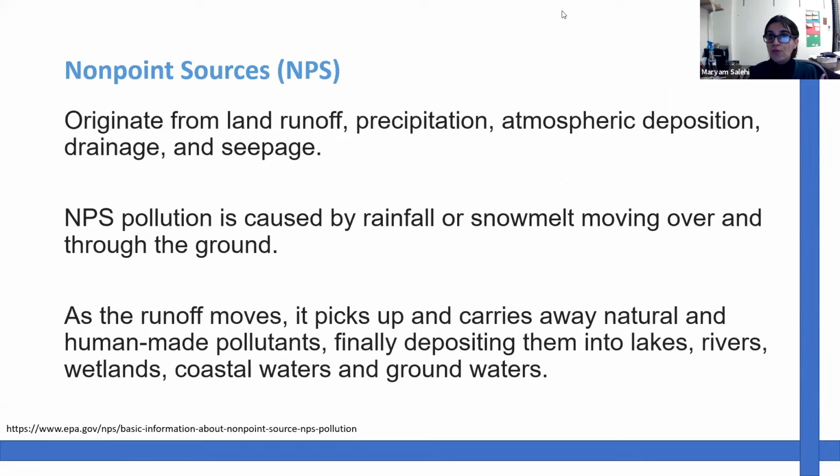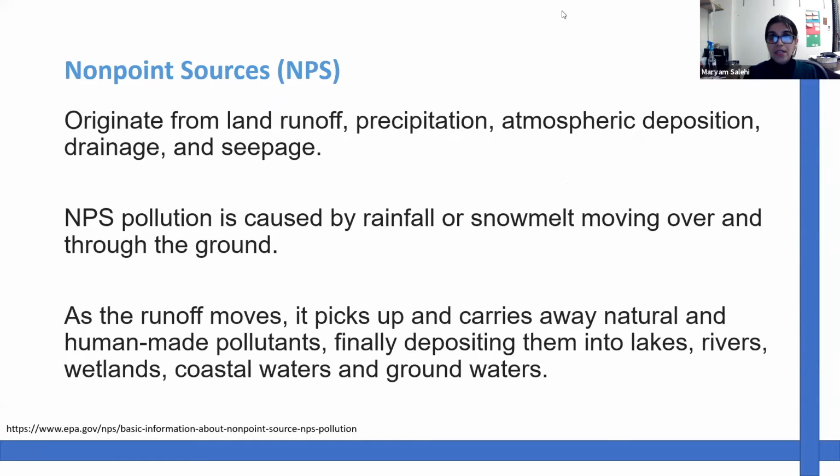We cannot identify the exact sources of that pollution. They can originate from land runoff, precipitation, atmospheric deposition, drainage. All of these are considered non-point source pollutants.